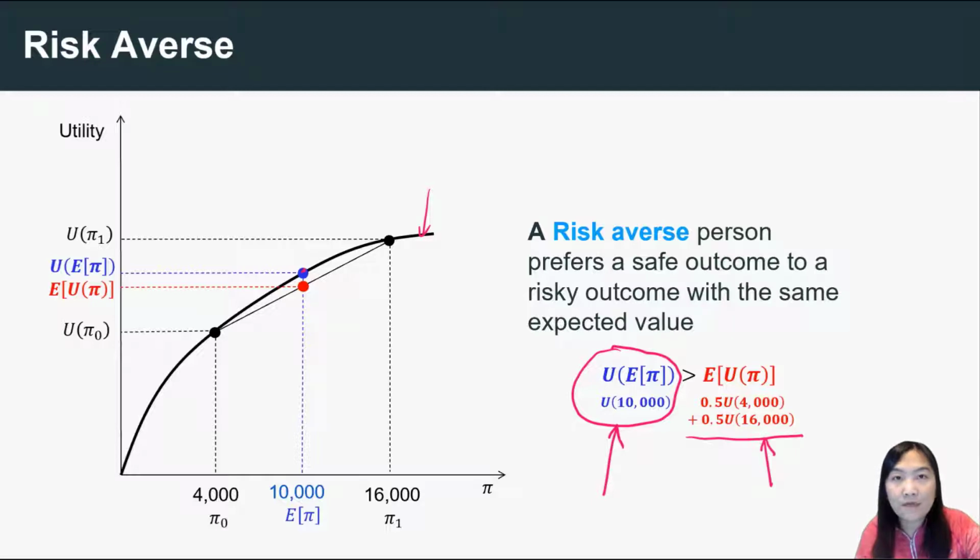In terms of the utility function, the utility of the safe outcome is greater than the expected utility from the risky outcome. If that's the case, then that person is risk averse.